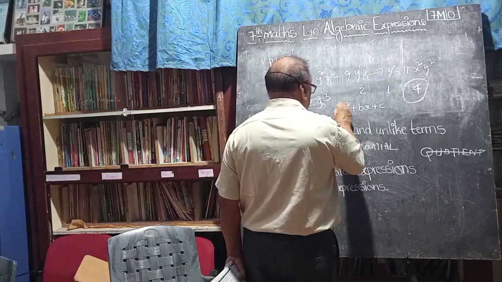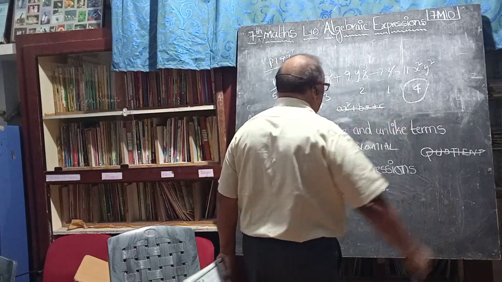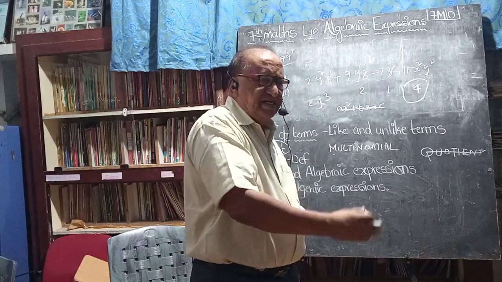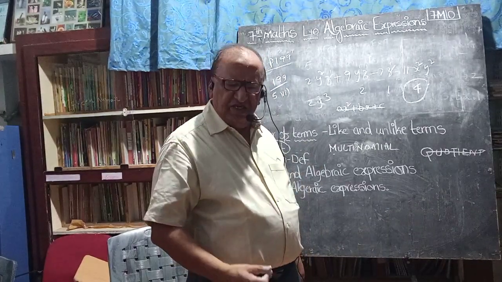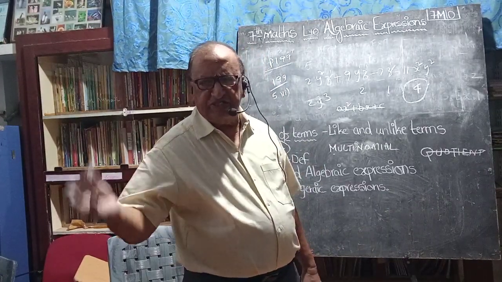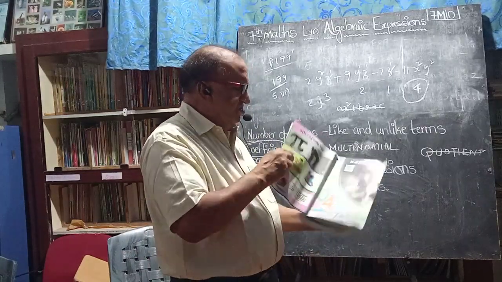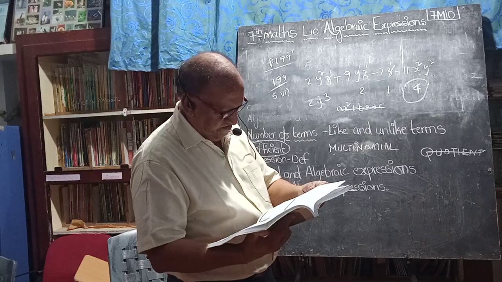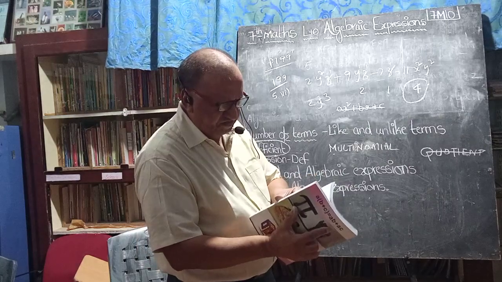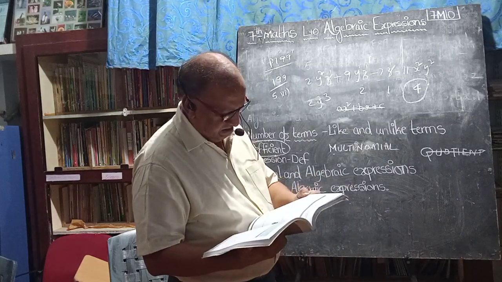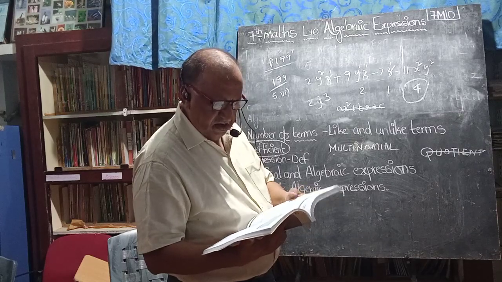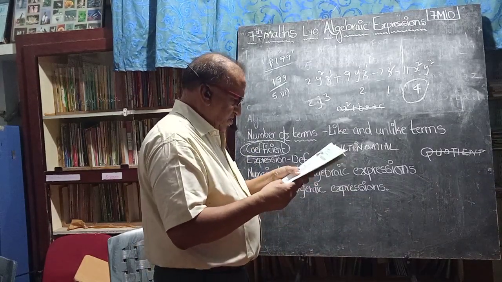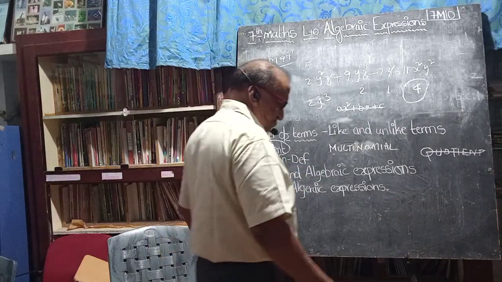First you have to arrange the algebraic terms: first the highest degree, then the next lower degree, and so on. That's how we have to arrange. Let me go to exercise number 3. There are some more problems, you can do them now.